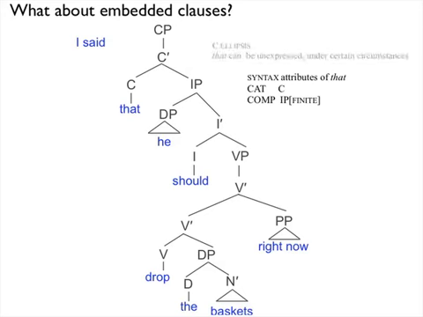So then we note also that the way that we're going to deal with the fact that you can say, I said he should drop the baskets right now, without the that, is going to be what? It's still a CP, but it's like those DPs that have the missing D, right? It's going to be a CP no matter what.